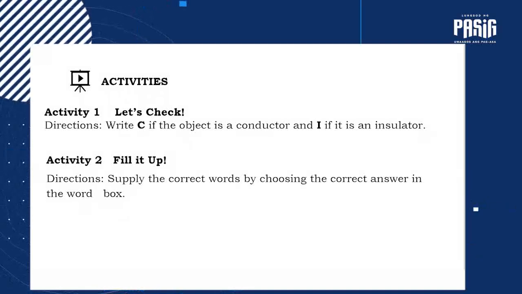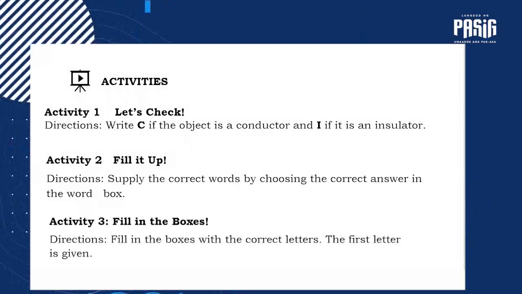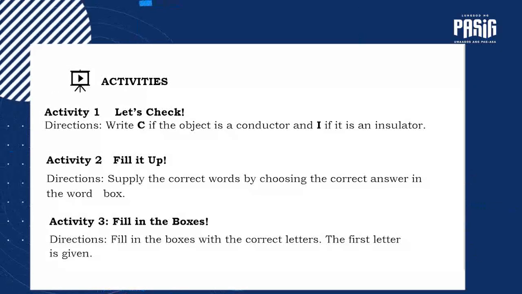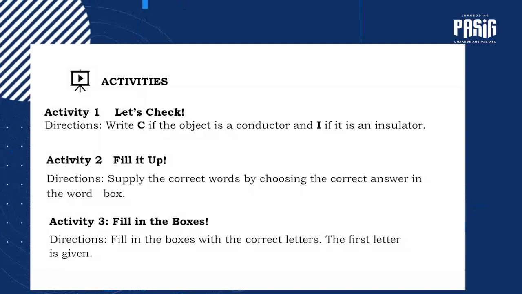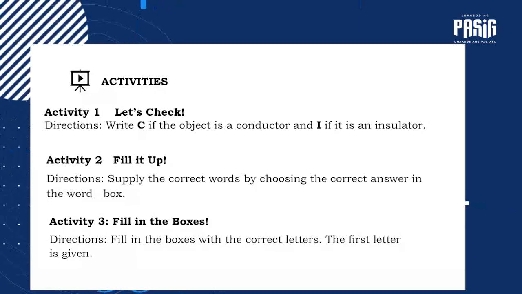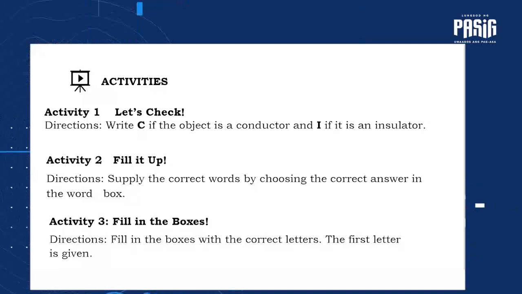Supply the correct words by choosing the correct answer in the word box. For activity number 3, fill in the boxes. Directions. Fill in the boxes with the correct letters. The first letter was given. So you can do these activities after you have watched this video. So you can answer your digitized worksheets after this time.